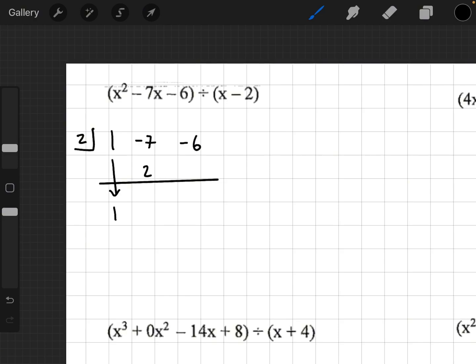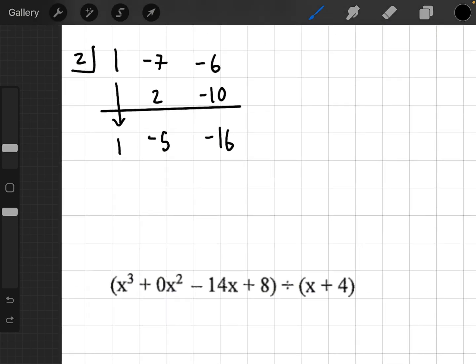Now, the first term times the root. 1 times 2 is 2. 2 plus negative 7 is negative 5. Negative 5 times the root is negative 5 times 10. Sorry, negative 5 times 2, which equals negative 10. Negative 10 plus negative 6 equals negative 16. And our highest degree was 2, so now our highest degree is 1. So we can rewrite this as 1x.